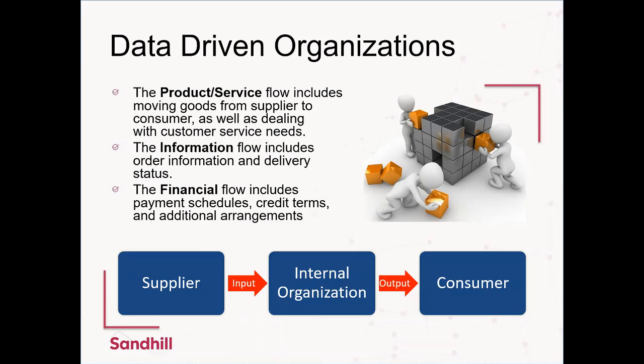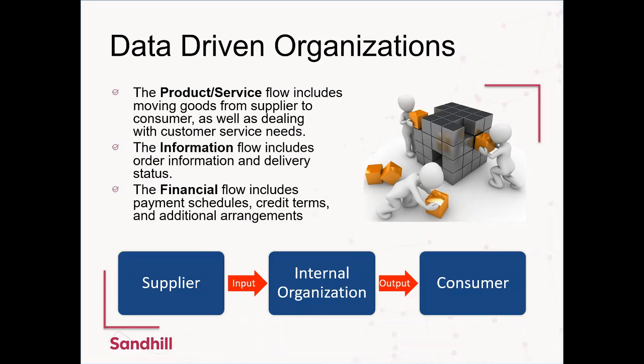With any organization, as I said before, the data itself is the lifeline, the bloodline of the organization. So we need to make sure that the product and service flows, which define the flow of information and assets between the different suppliers and consumers, between the different organizations, are well understood. That includes information flows about the order, the delivery and who's dealing with what.